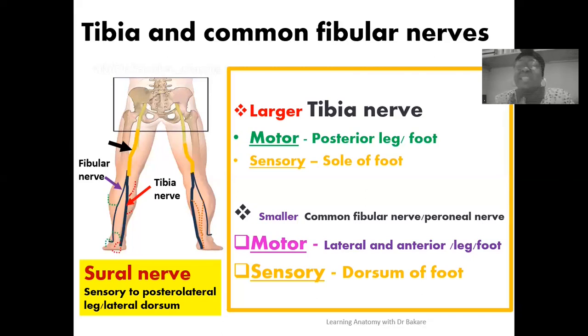While for sensory innervations, the sensory innervations of the sole of the foot is provided by the tibial nerve, while the sensory innervations of the dorsum of the foot is supplied by the common fibular nerve. Also to add that these two nerves will come together, giving up branches to form the sural nerve. I will be putting up a separate lecture on both the tibial nerve and also the common fibular nerve. So please watch out for this.